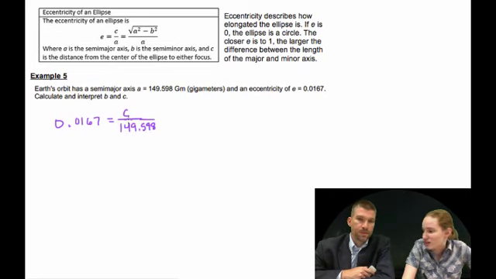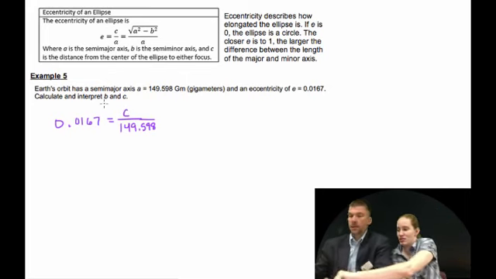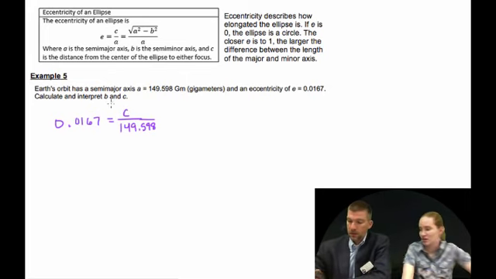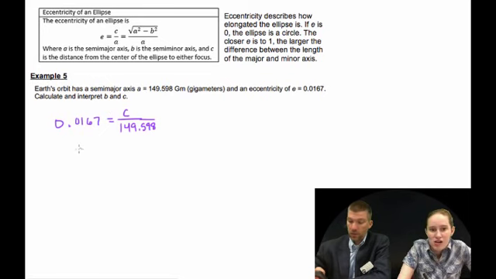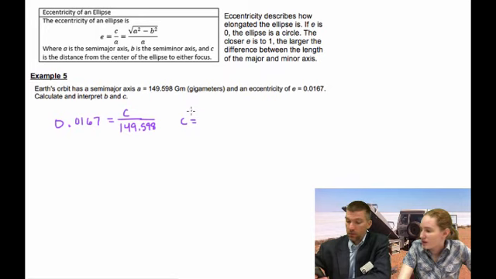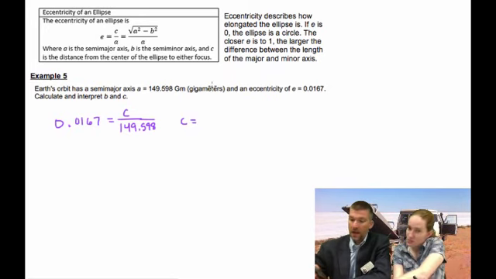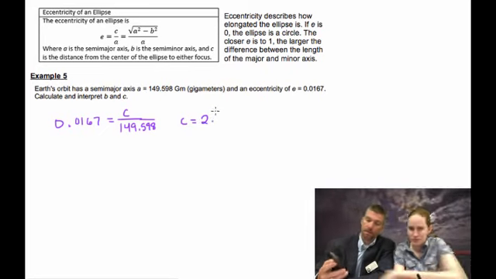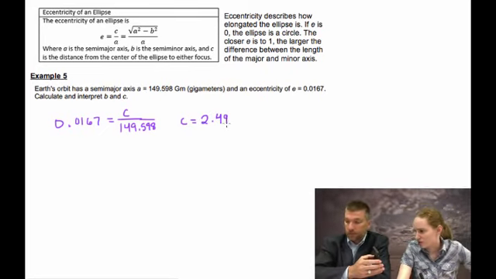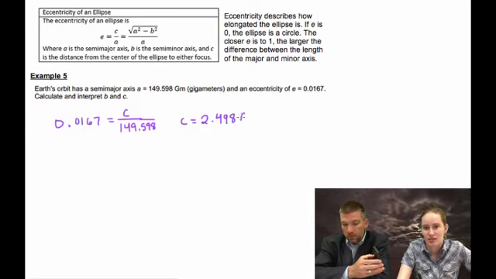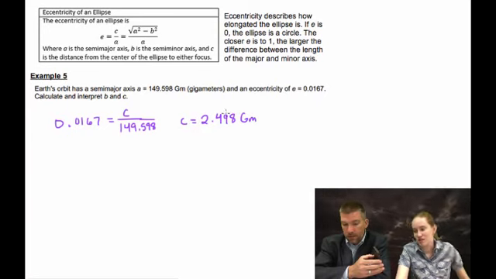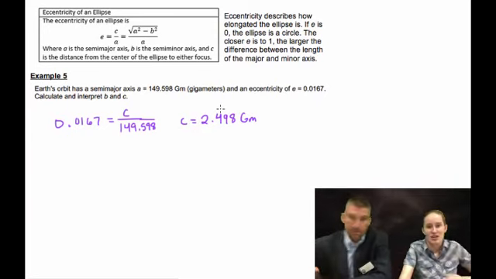So we multiply those together to get C. That's 2.498 gigameters. Okay. So that's C.